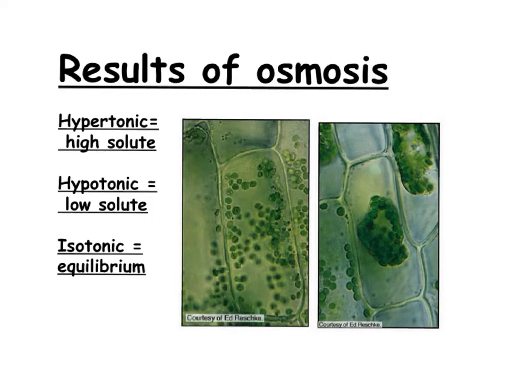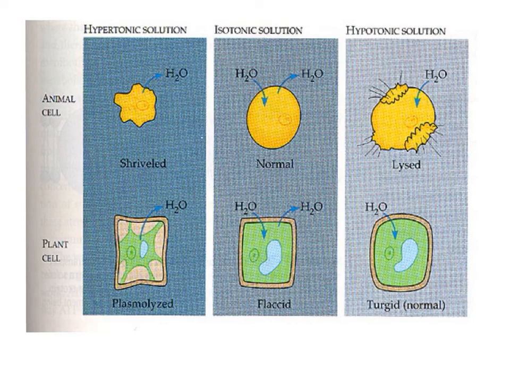Now your cells are going to move water back and forth. This is a scan out of one of our books. On the animal cells on the top, say we drew a beaker here, and this cell is in a hypertonic solution.